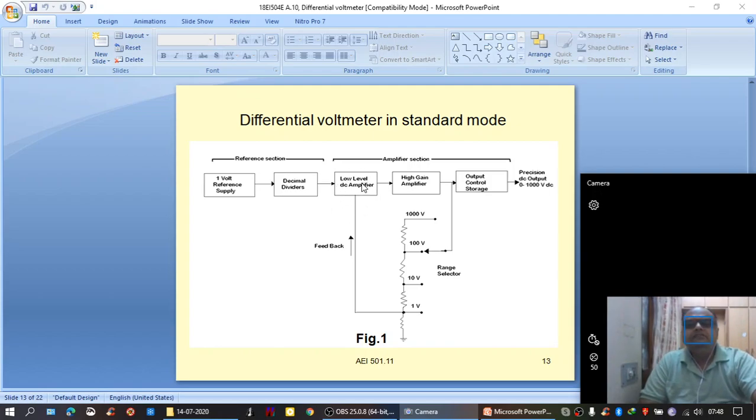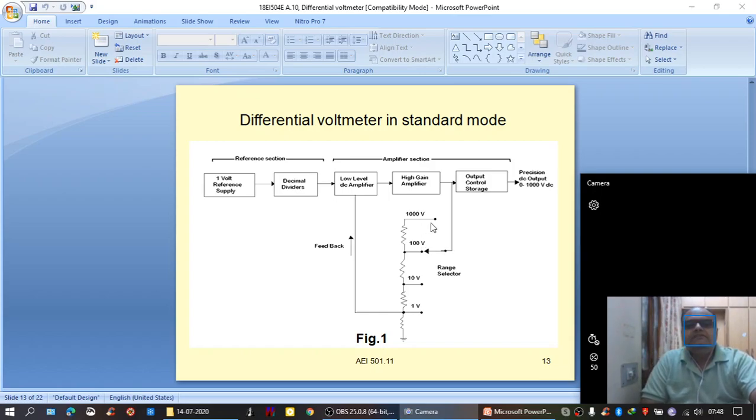From the low level DC amplifier, the signal is given to a high gain amplifier, and then to the output control stage. This output control stage will take care of the exact value of the output, that is, it will see that the output remains exactly at the preset value.